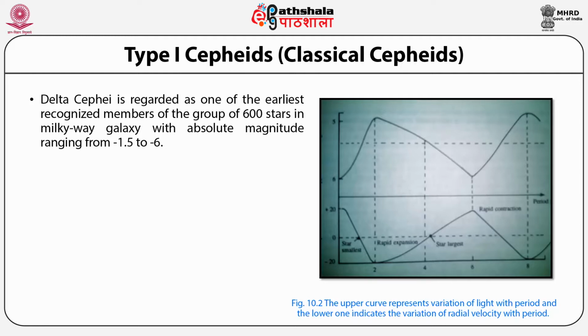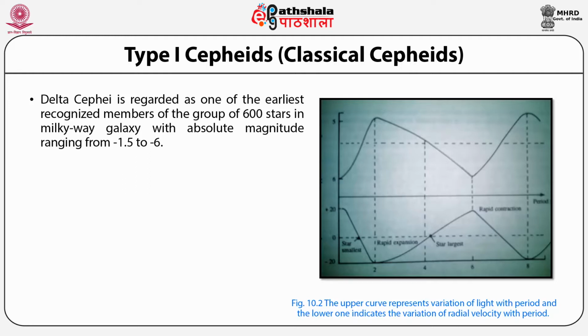Now coming back to this type, we have said that Delta Cepheid is among the earliest recognized members of the group of 600 stars. This indicates that the brightest of these variable stars are about 10 to the power 4 times more luminous than the Sun.